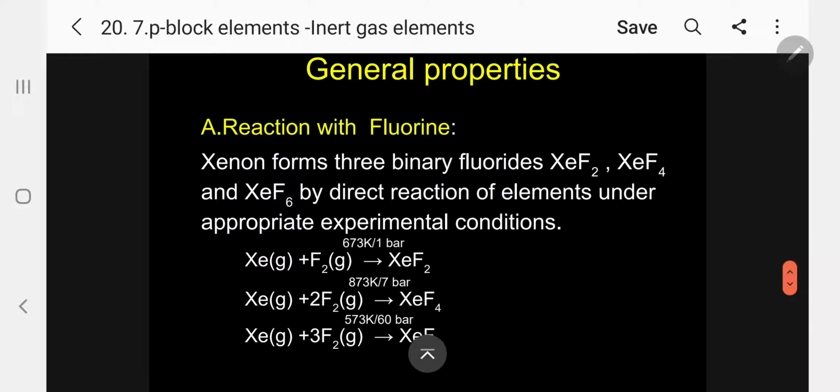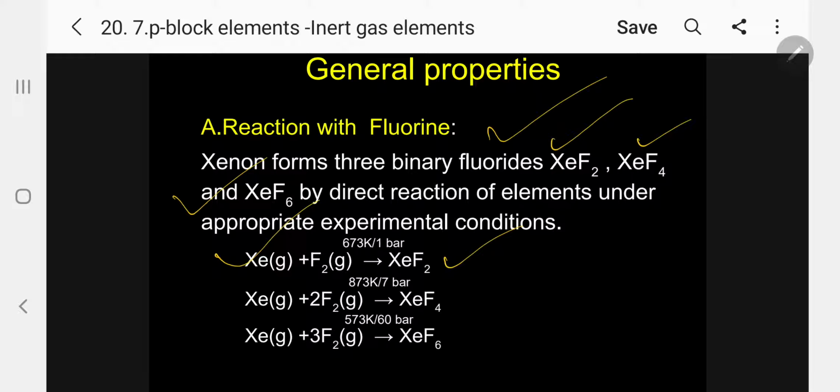Coming to the reaction with fluorine, xenon forms three binary fluorides, XeF2, XeF4, XeF6, by direct reaction of the elements under appropriate experimental conditions. That means high temperature and high pressure. Xenon reacts with 1 mole of fluorine gas to produce xenon difluoride at 673 Kelvin and 1 bar.